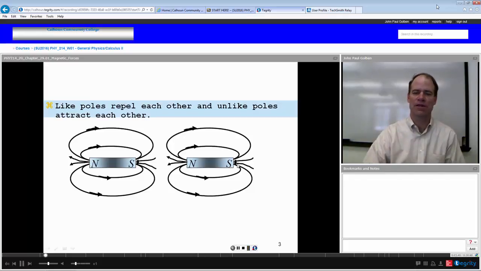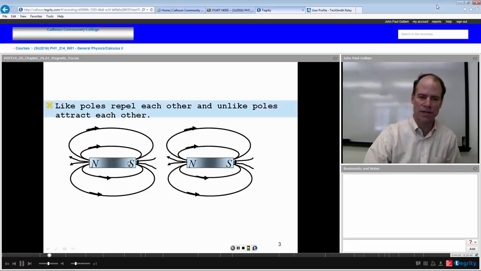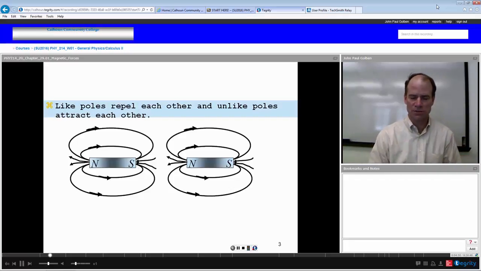Actually, the field lines go all the way through, so they're really closed loops. But it looks in this device like they emanate from the north pole and terminate on the south pole. So if I had these two magnets close together like this, we would have magnetic field lines emanating from this north pole over here and then terminating on the south pole of this other magnet, causing the attraction between the two.